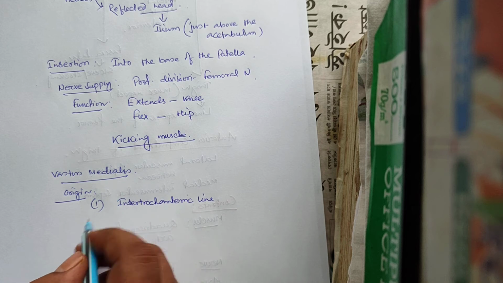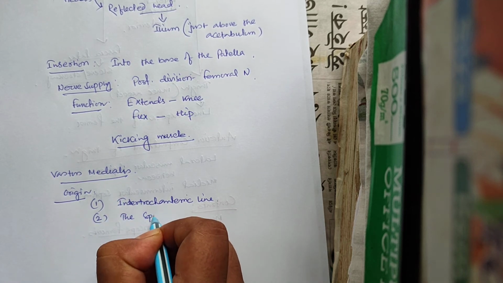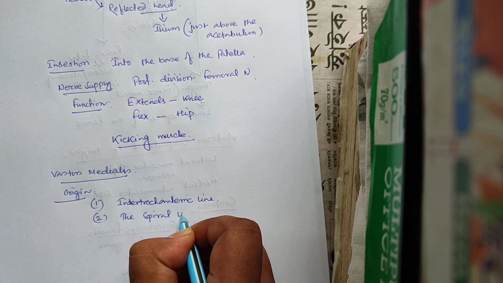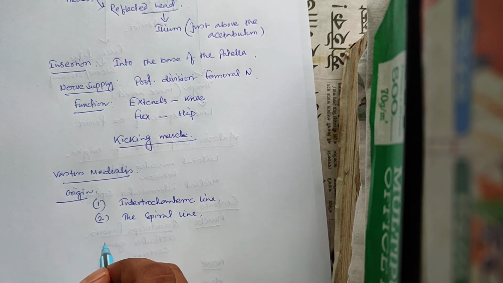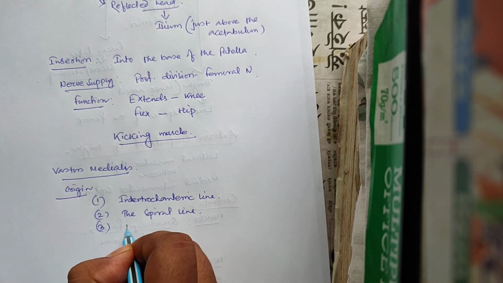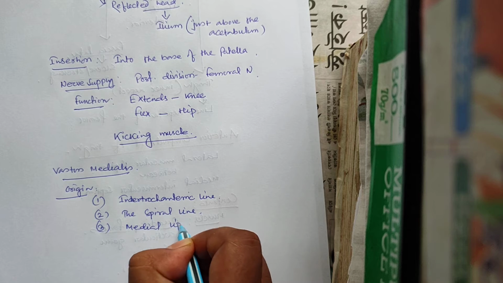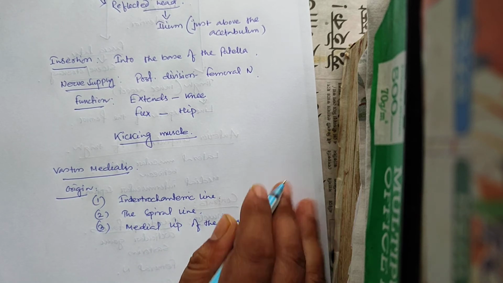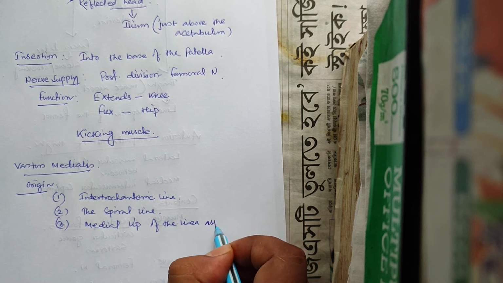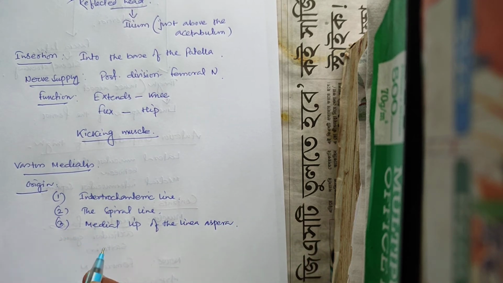Now the spiral line, next the medial lip of the linea aspera, and next the medial supracondylar line.